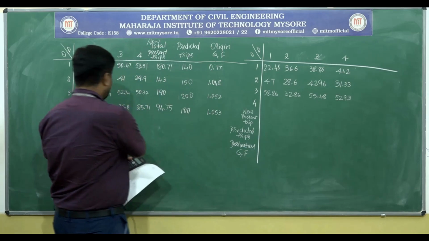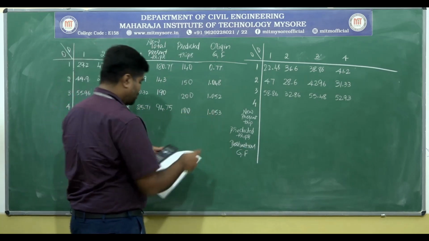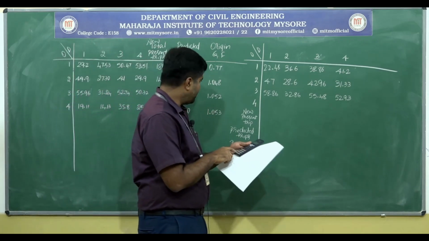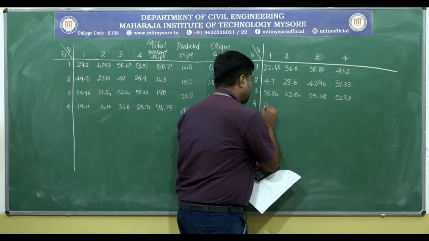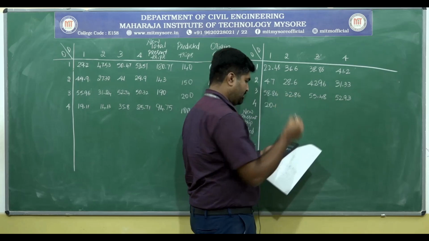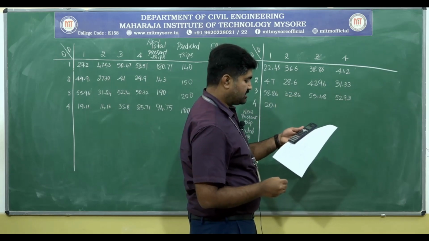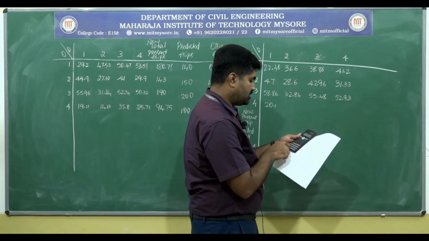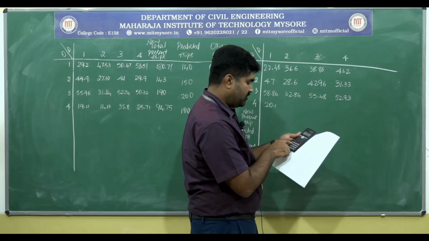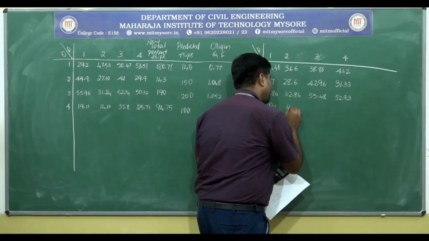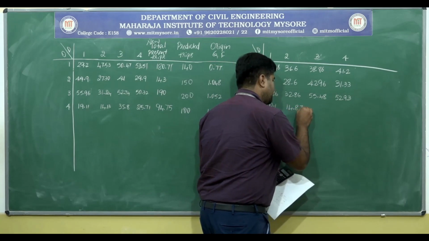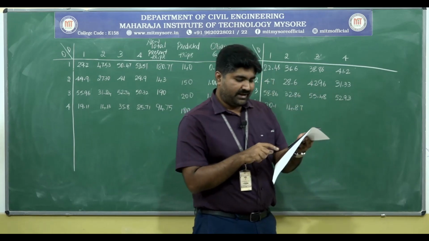Last, 19.11. This row should be multiplied with this growth factor, 1.053, you will get 20.1. Next, 1.053 into 14.13, you will get 14.87.